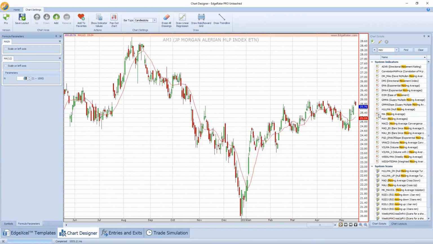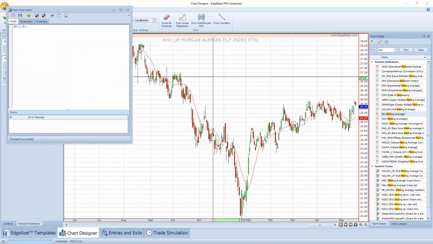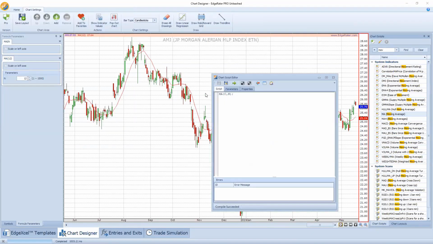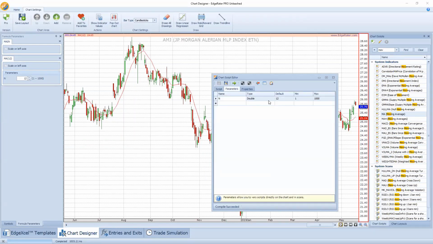If you wanted to use moving average of the open, you would have to create your own script, but it's not as hard as it sounds. You would just hit the edit button on moving average. The script for moving average is basically MA close N periods, and N periods is set to 12.